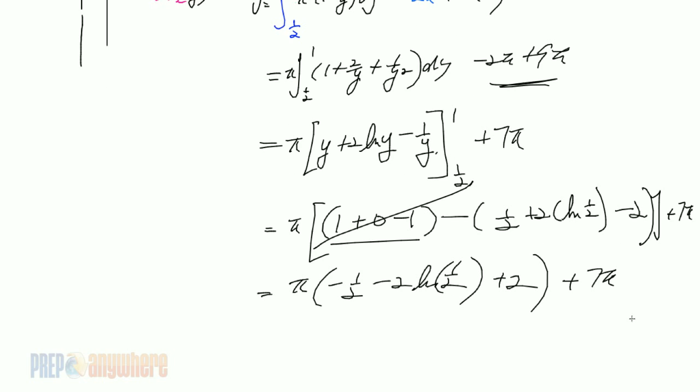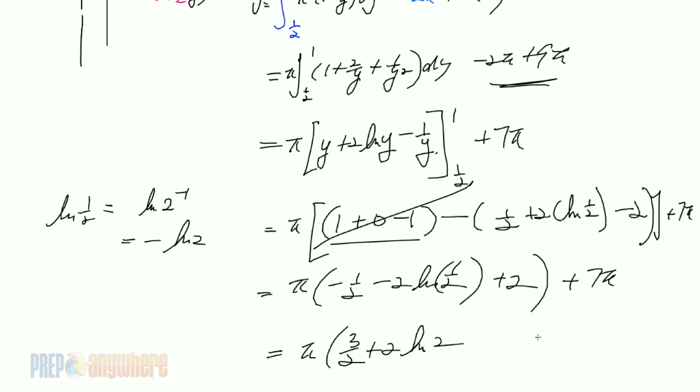Okay, so 2 minus half is 3 over 2, and ln of half, by using log rules, is the same as ln of 2 to the power of negative 1. That's minus ln of 2, so this is going to be plus 2 ln of 2. Plus 7 pi. So I think that's as much as we can simplify.